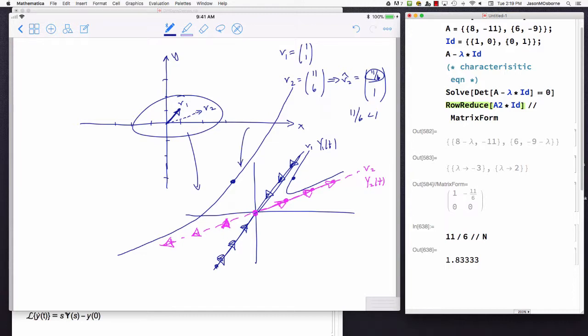So here was the solution y of t that we had. As t went to infinity, x went to negative infinity, and y also went to negative infinity. Here's the initial condition; as you follow it in time, both x and y tend to negative infinity.